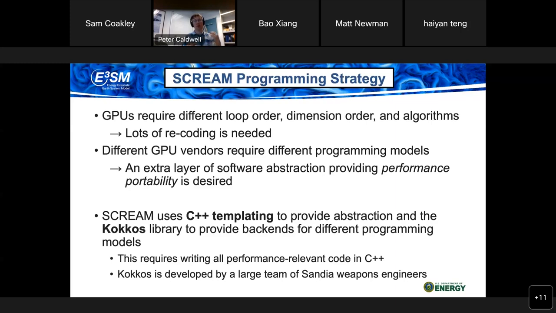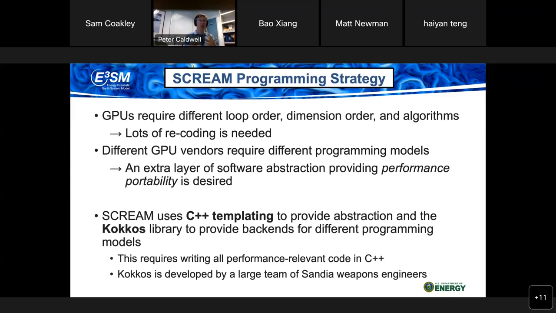And so you could be in the problem where you spend a ton of time getting to run on one machine, and then say your institute buys a machine from a different vendor, and all of the work you just did is for naught. And so adding an extra layer of software abstraction that provides performance portability, which abstracts out all of these loop order issues and things like that, so that you can have a single code that's able to run on a lot of different programming models, or even different CPU versus GPU architectures, is really popular.